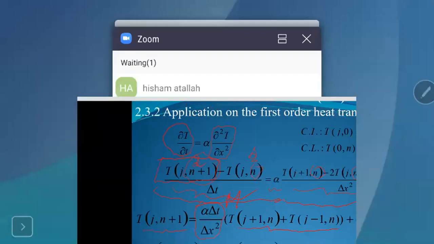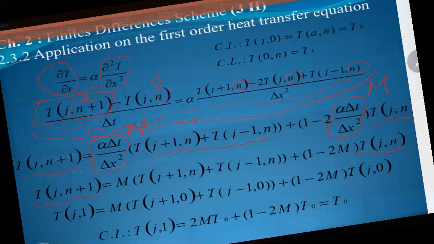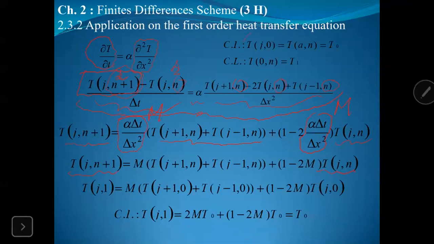Okay. How can this method be realized? Look, I know all the temperatures at time 0. Understood? And I know the boundary conditions when x equals 0, and this one can be x max, meaning I max, j max.